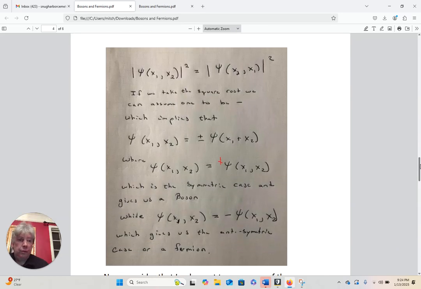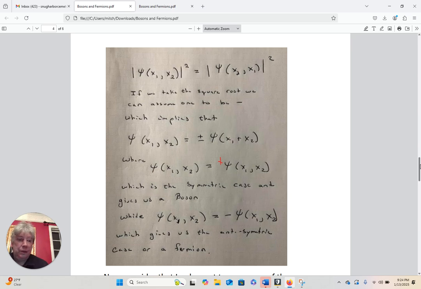We get phi of x1, x2 squared is equal to phi of x2, x1 squared. If we take the square root, we can assume 1 to be negative, which implies that phi of x1, x2 is equal to plus or minus phi of x2, x1, where phi of x1, x2 equal to the positive phi of x2, x1 is considered the symmetric case, and symmetric cases give us bosons.